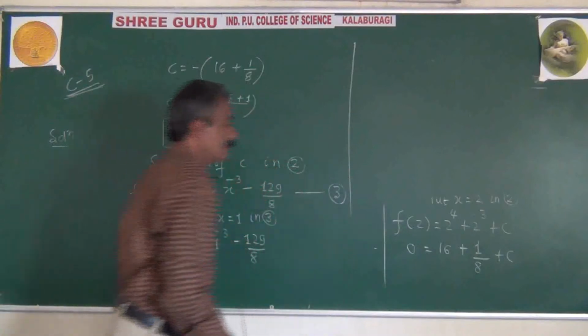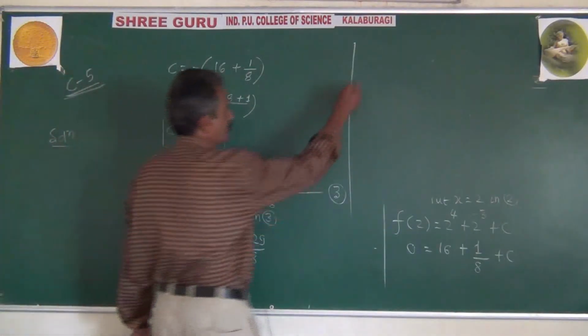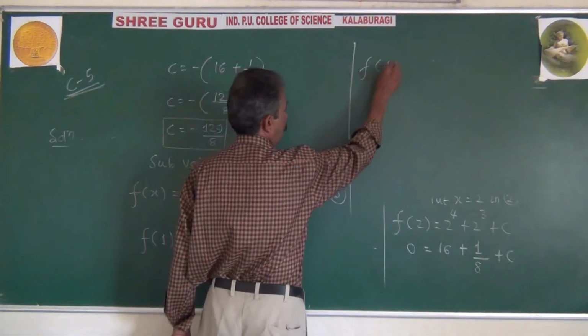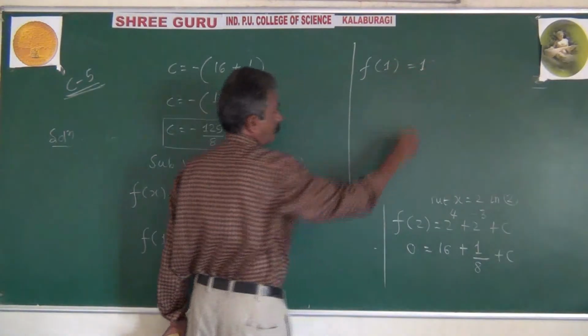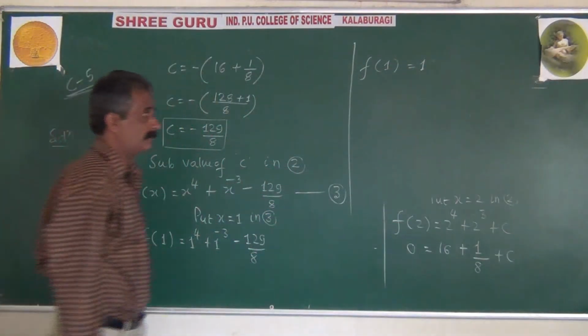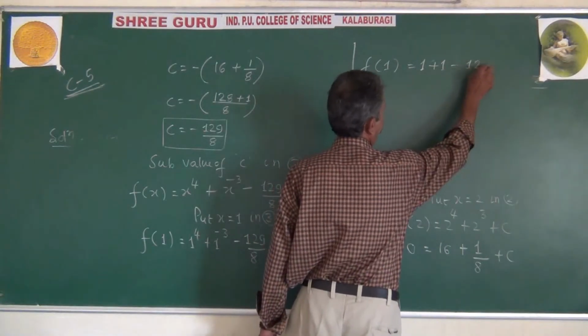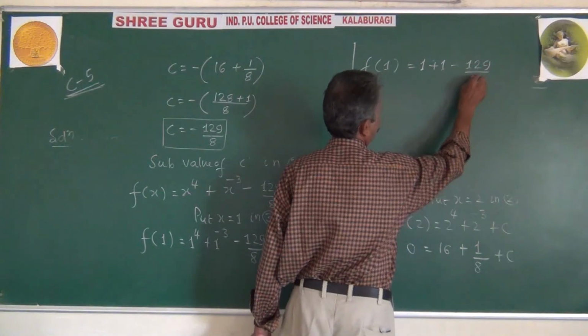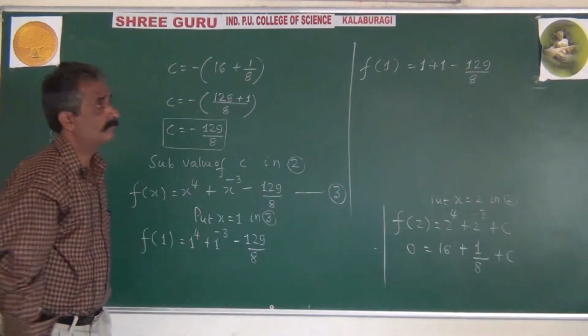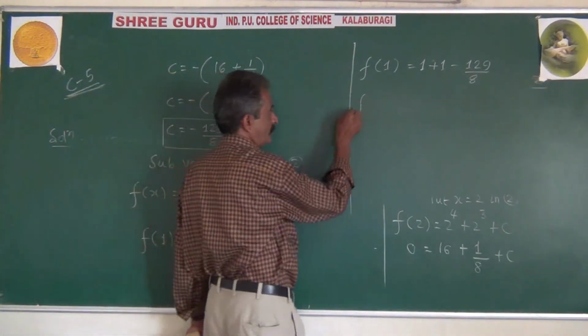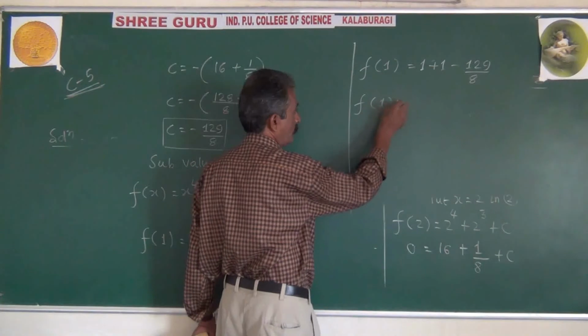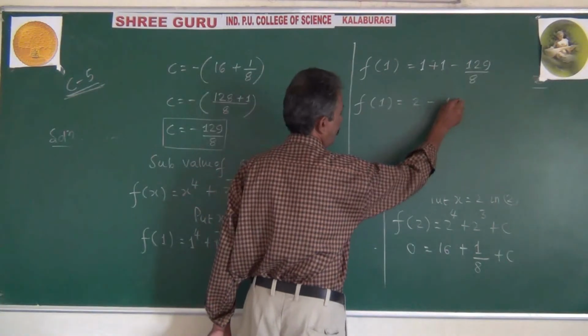Or f of 1 equals to 1 power 4 is 1, 1 power minus 3 is also 1, minus 129 by 8. Or f of 1 equals to 2 minus 129 by 8.